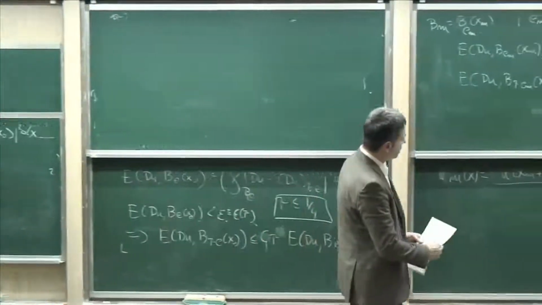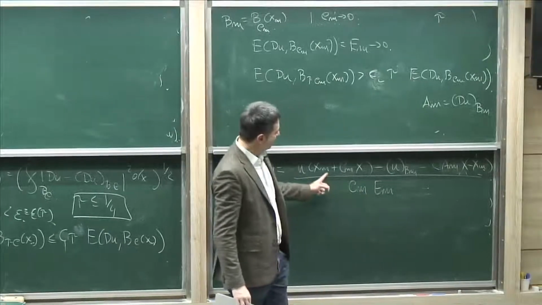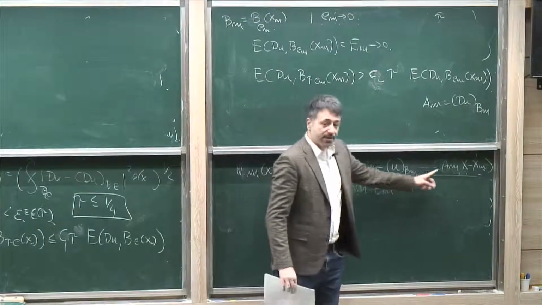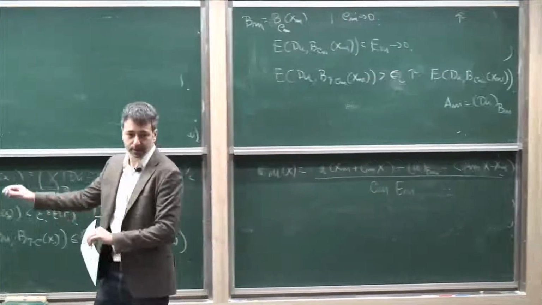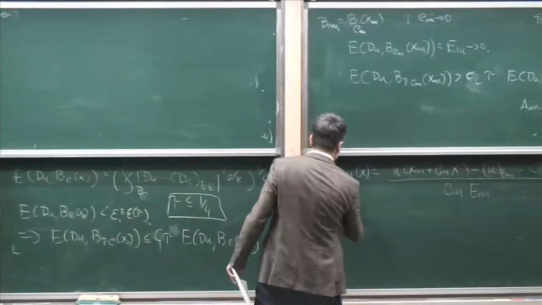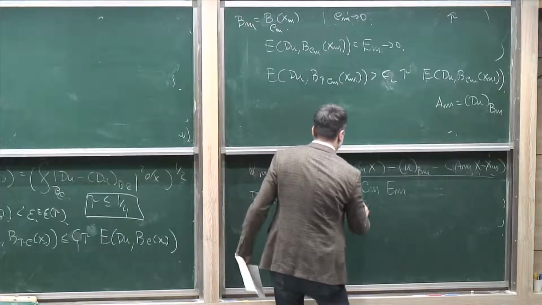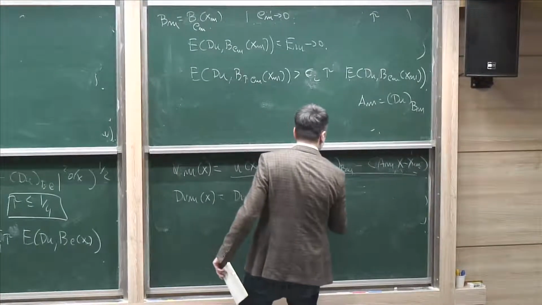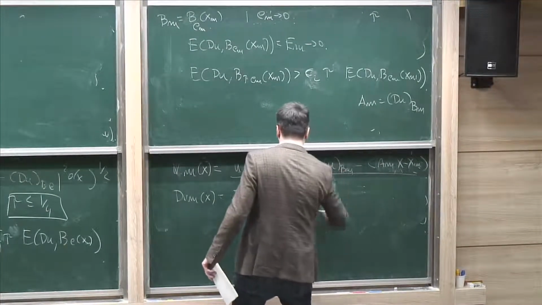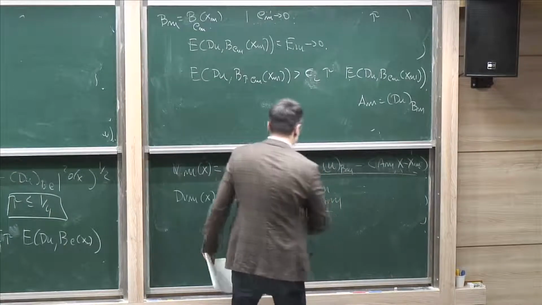Okay, anyway, what is this? This is something that very much remembers the Taylor polynomial, okay? So in fact, dBm of x is equal to du xm plus rho m x minus the gradient. Rho m cancels, and this is Bm.